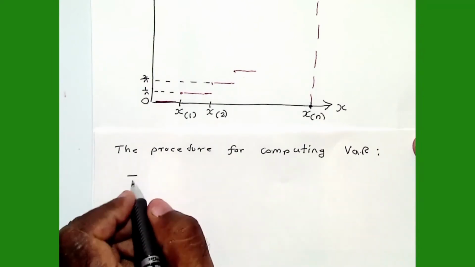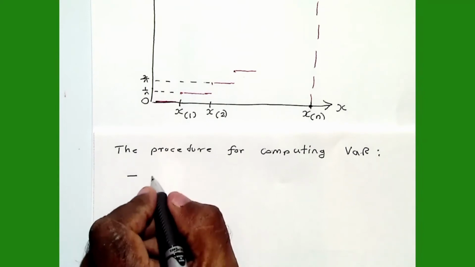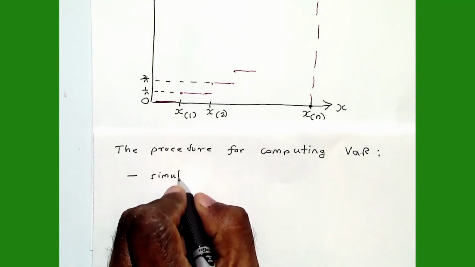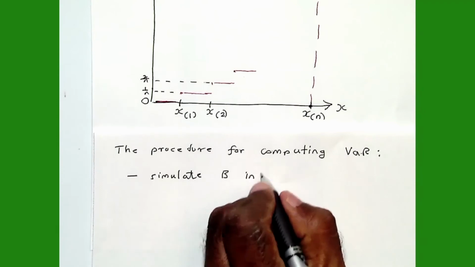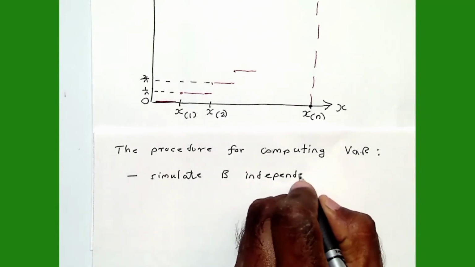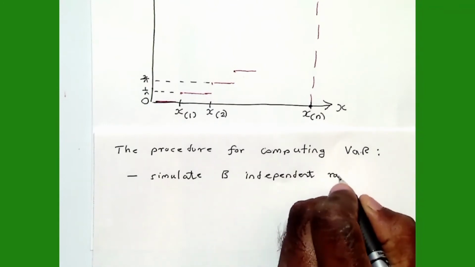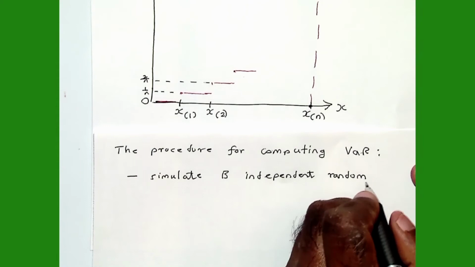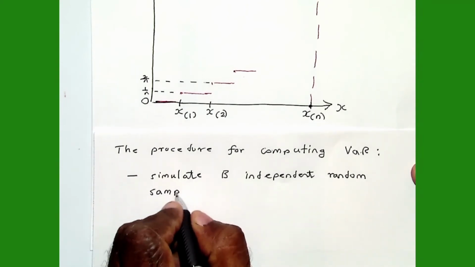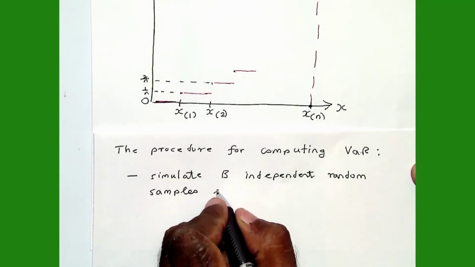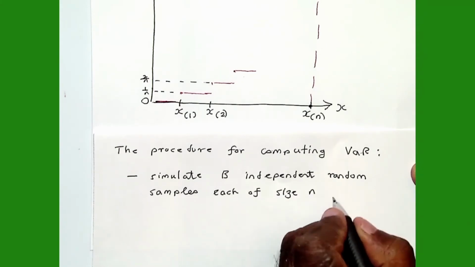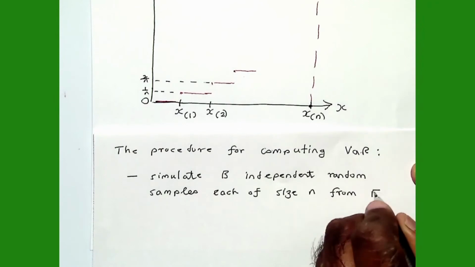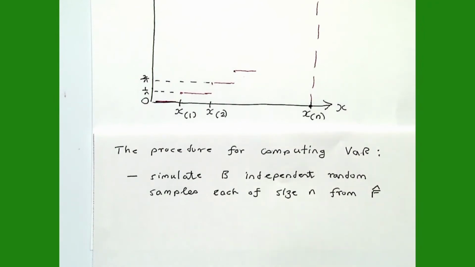The first step is to simulate B independent random samples, where capital B is an integer, each of size n, from F hat.